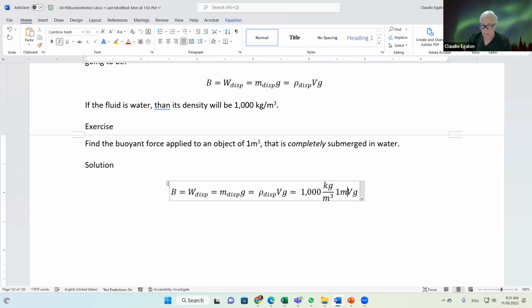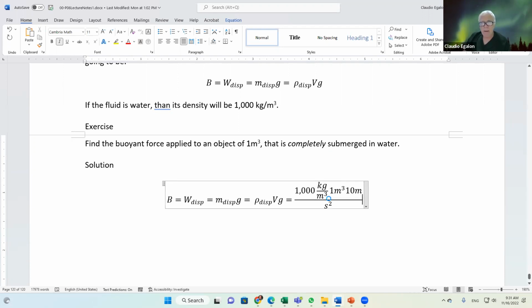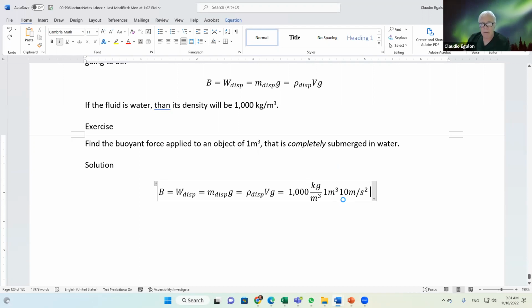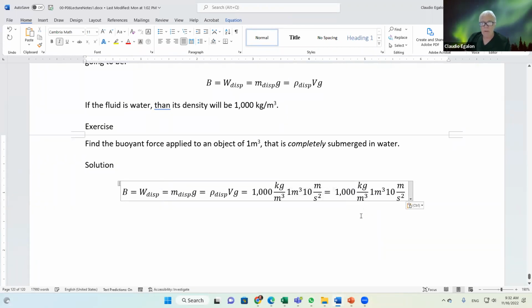We are going to have 1 cubic meter of volume, and I'm going to approximate the acceleration of gravity to 10 meters per second squared, right? And now we can do this multiplication. It's going to be 10,000.